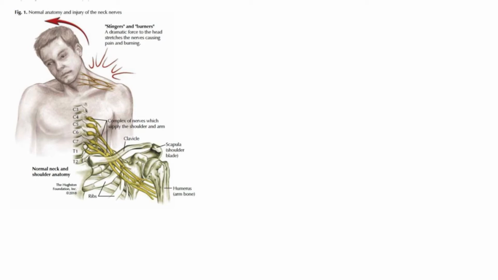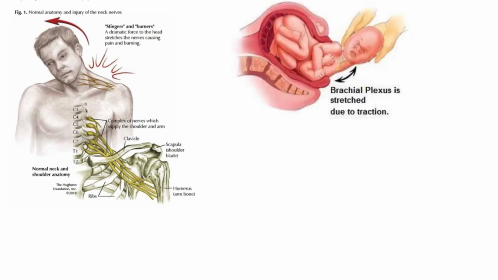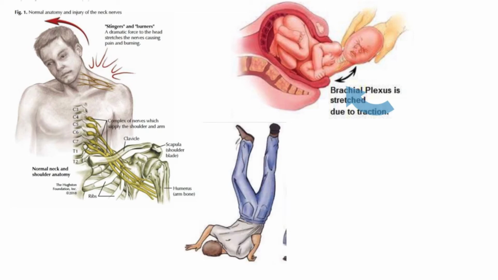Now, when can this occur? This may occur during childbirth while performing the lateral flexion of the neck. Excessive lateral flexion may result in Erb's paralysis, or it may occur during fall from the height, as fall from the motorcycle or fall during horse riding, which are commonly seen conditions.